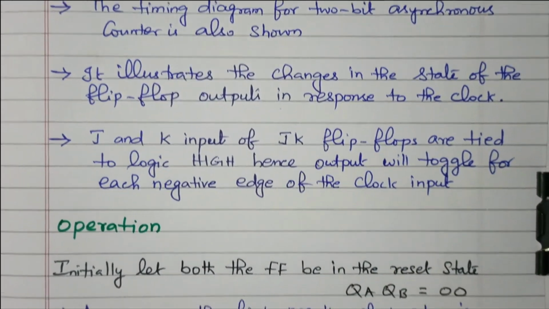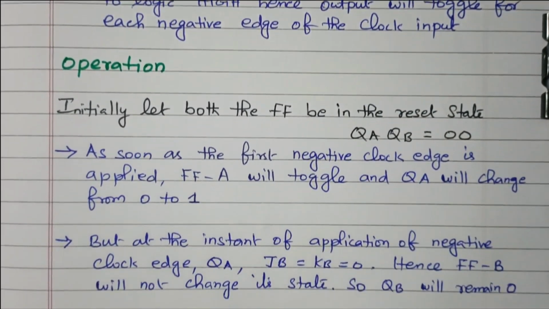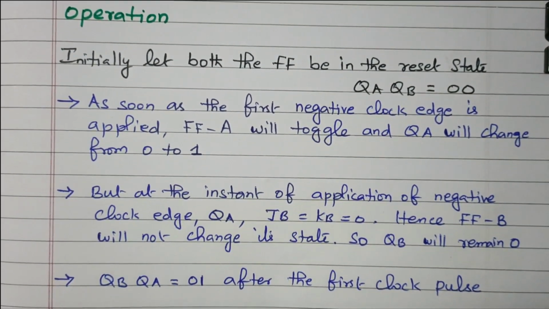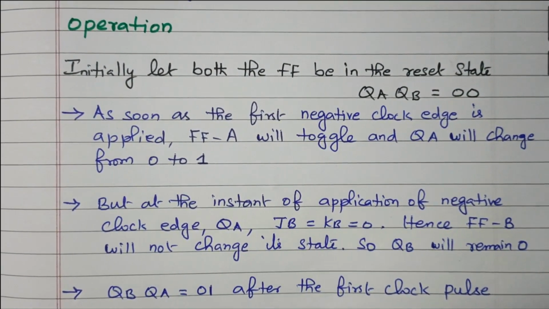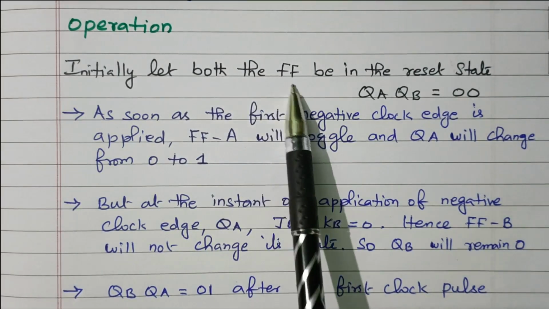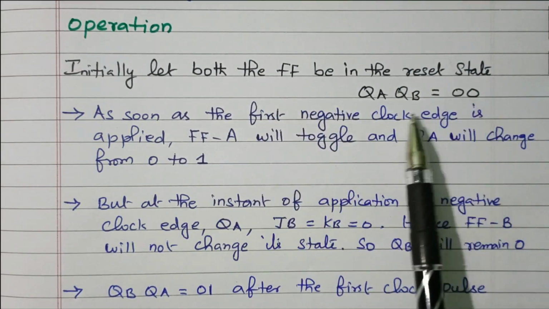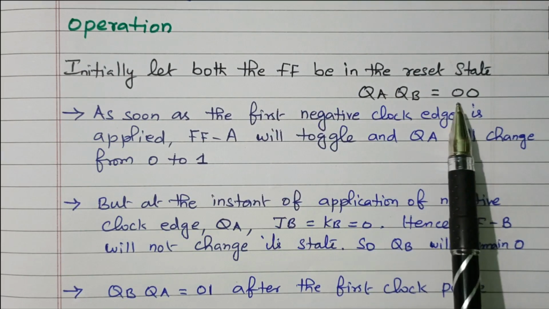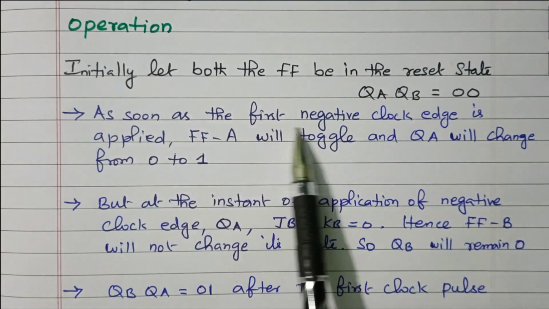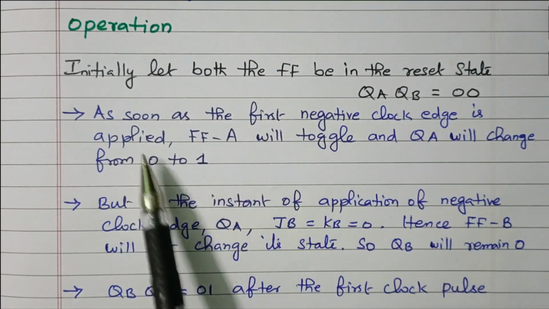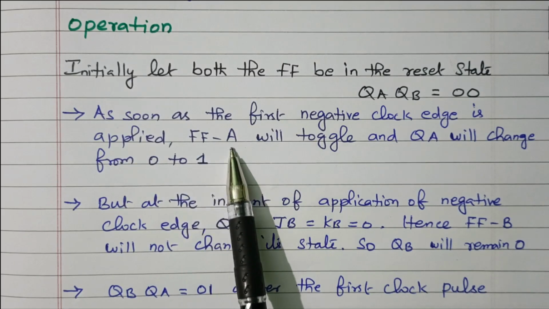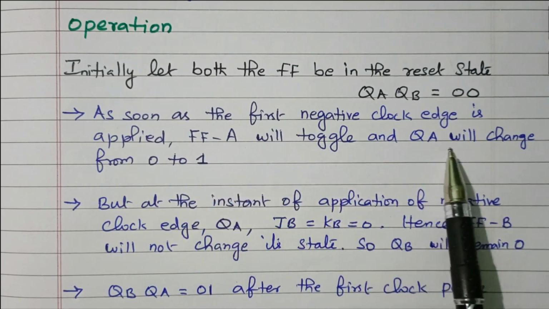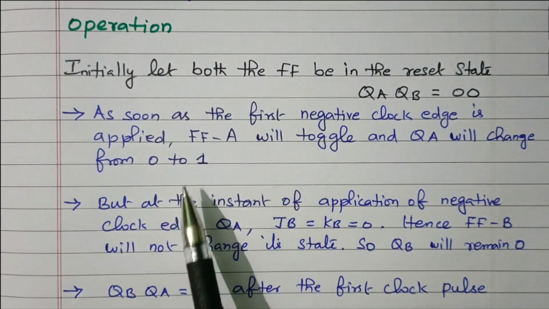Now we'll see the operation. What we discussed, the description is given as the operation. We'll see this one by one. Initially, both the flip-flops are in the reset state. QA and QB are 0, 0. As soon as the first negative clock edge is applied, flip-flop A will toggle and QA will change from 0 to 1.